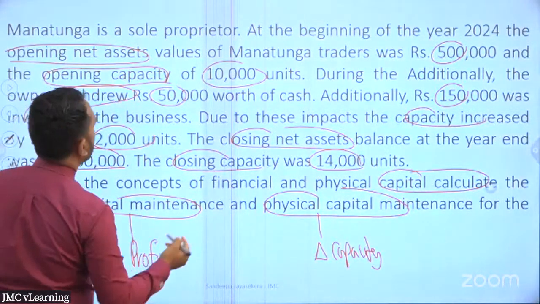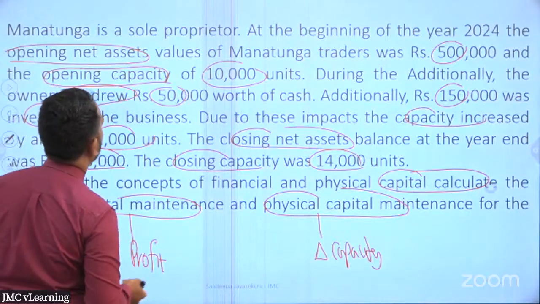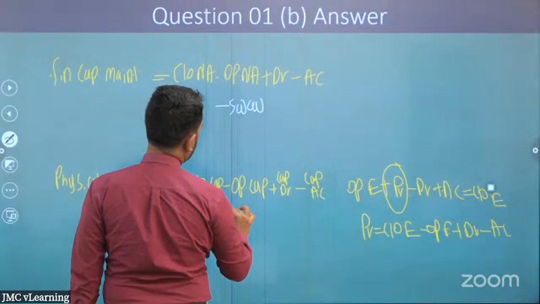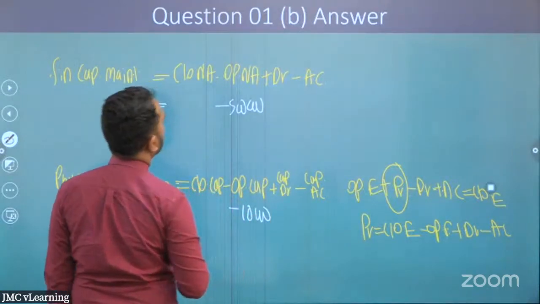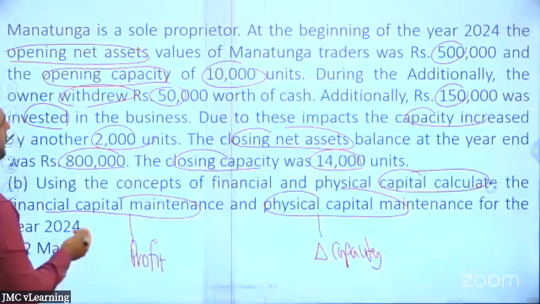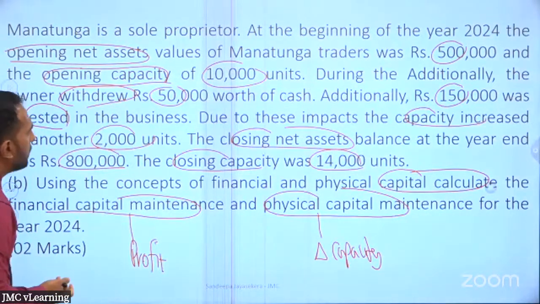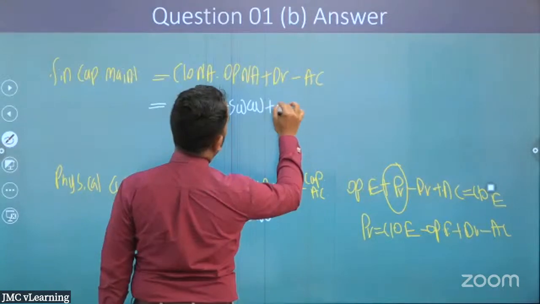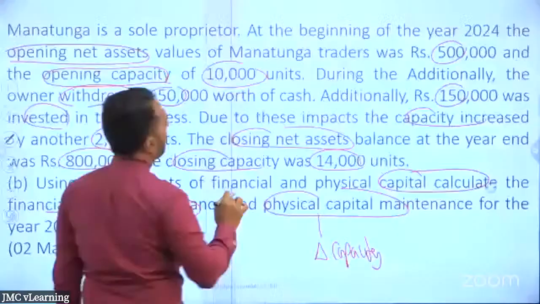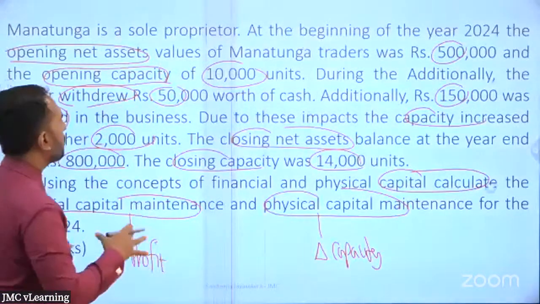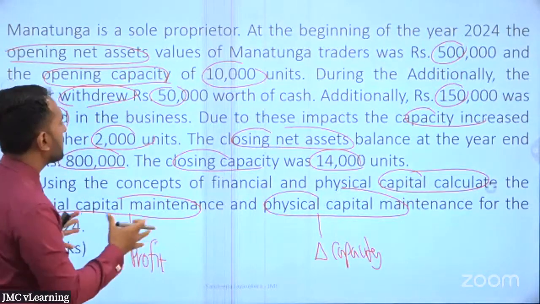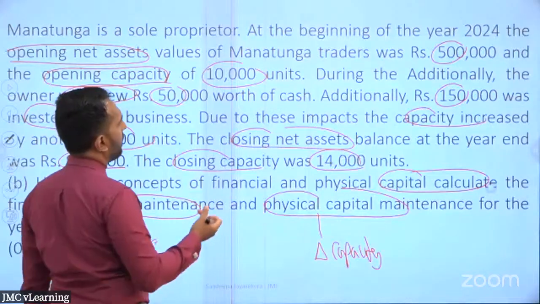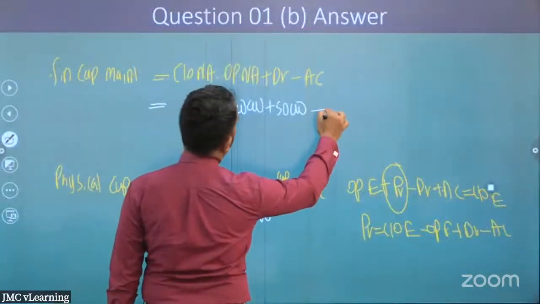Your opening net assets 500,000, opening capacity 10,000 units. Withdrawals, that is your drawings, 50,000. They are not mentioning anything about the impact on capacity due to drawings. 150,000 additional capital that I have to deduct.